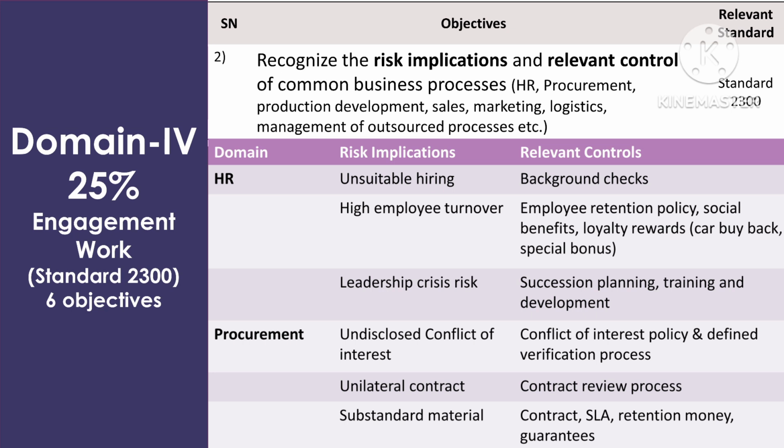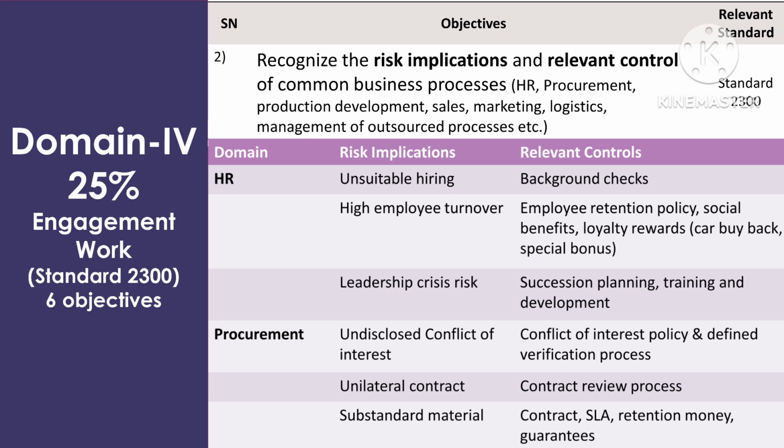Then procurement. The risk implications can be undisclosed conflict of interest, which can be mitigated by relevant controls, for example, a conflict of interest policy and defined verification processes. Unilateral contracts: a contract review process should be established, and relevant parties should review the contract and give their feedback before we sign a contract, so that it is properly covered from the legal and financial points of view.